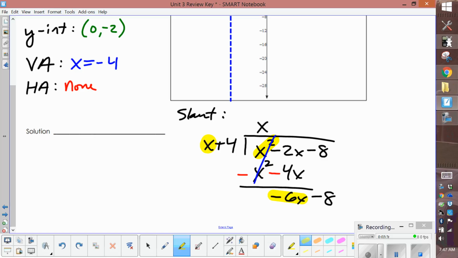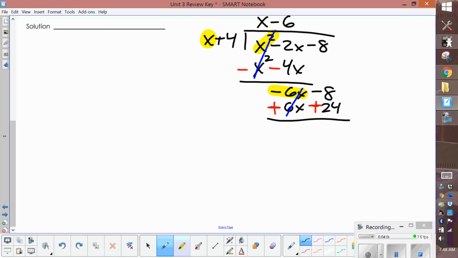My answer is negative 6. It's a lot like distributing again: I get negative 6x and negative 24. I put a line underneath it, change both signs, and this goes away. Then negative 8 plus 24 is 16, and this is the remainder, which does nothing for me.